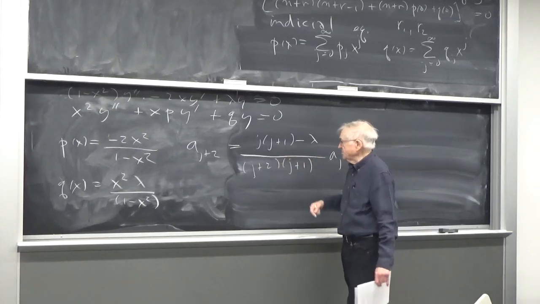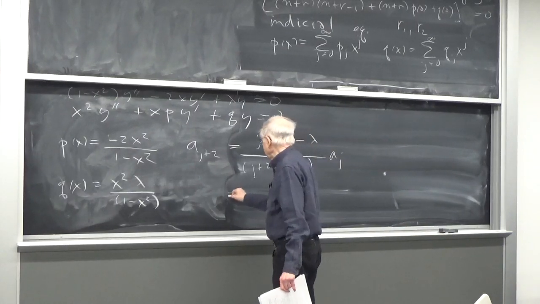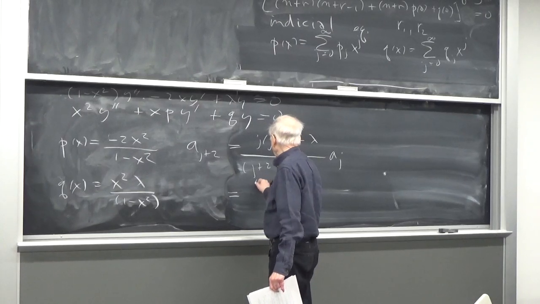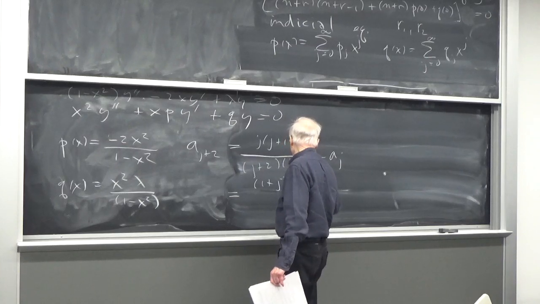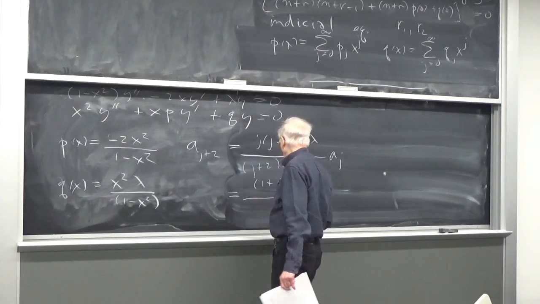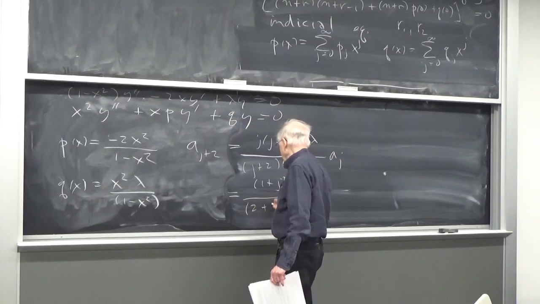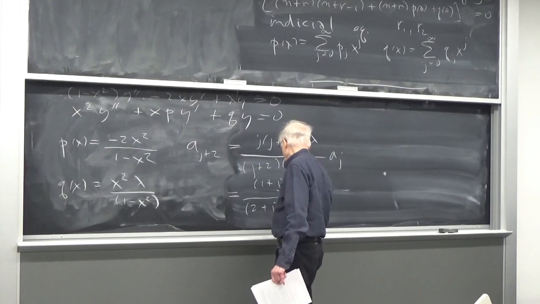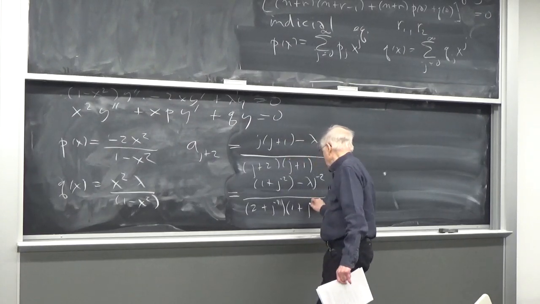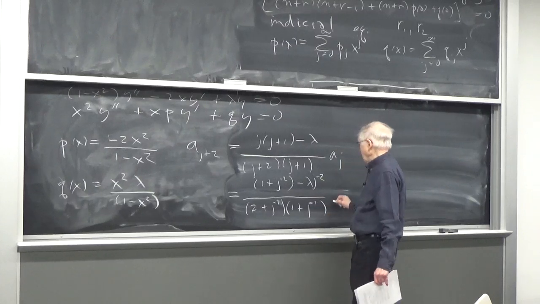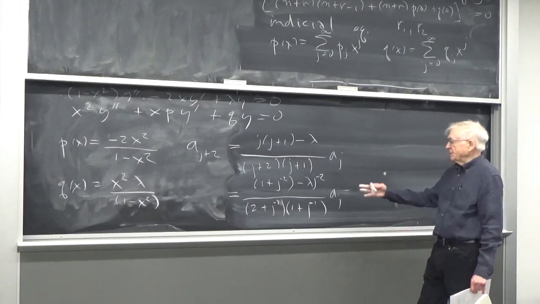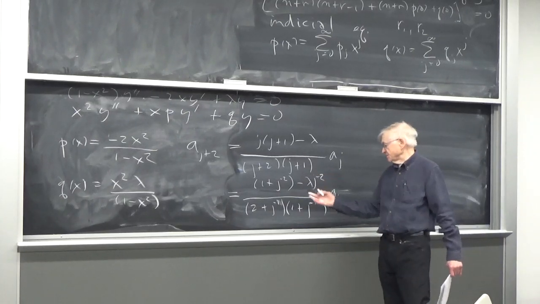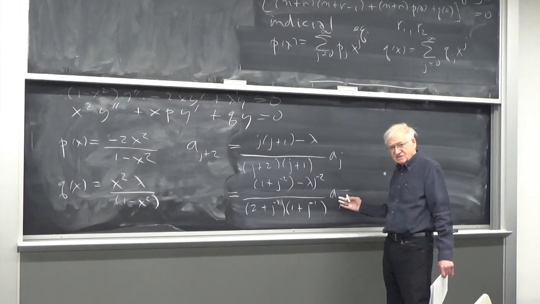Because if you divide through by j squared, you see that this is 1 plus j to the minus 2 minus lambda j to the minus 2 over 1 plus 2 j to the minus 1 times 1 plus j to the minus 1, times a j. And so in the limit j going to infinity, a j plus 2 is almost the same as a j.